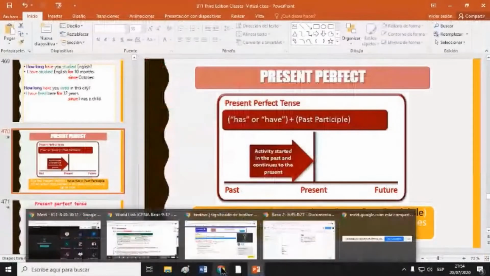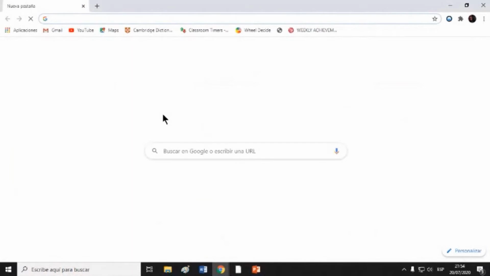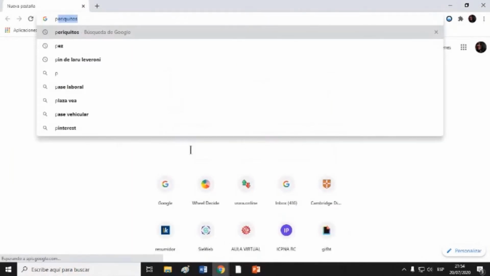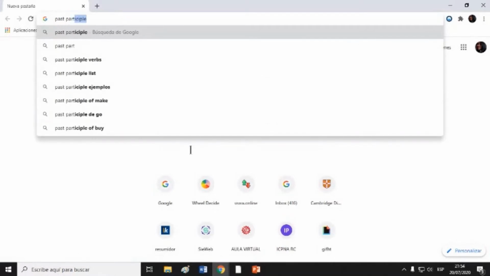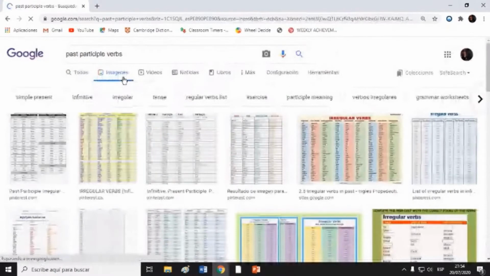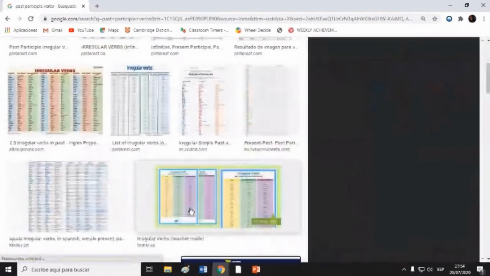So in English, when you look for verbs, yeah, when you look for past participle verbs, yeah, you have here. You have here, as you can see, for example, this is the past participle.